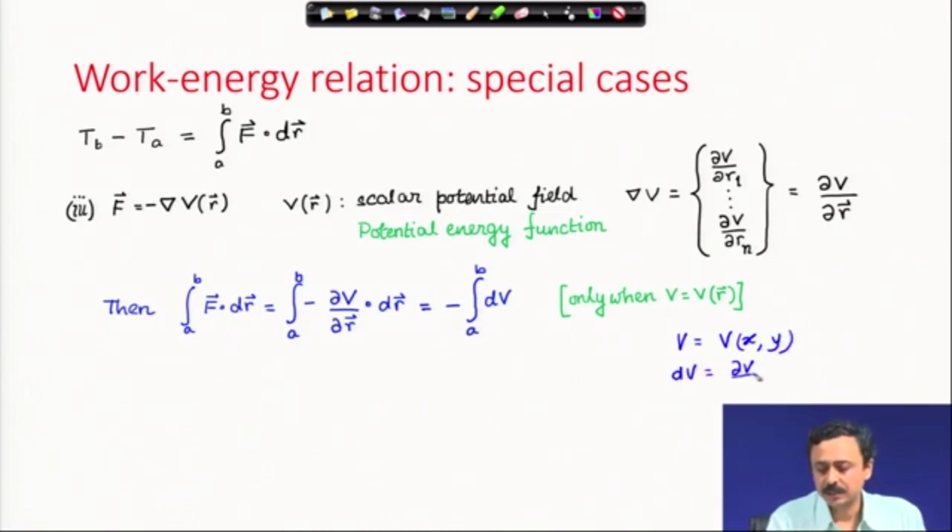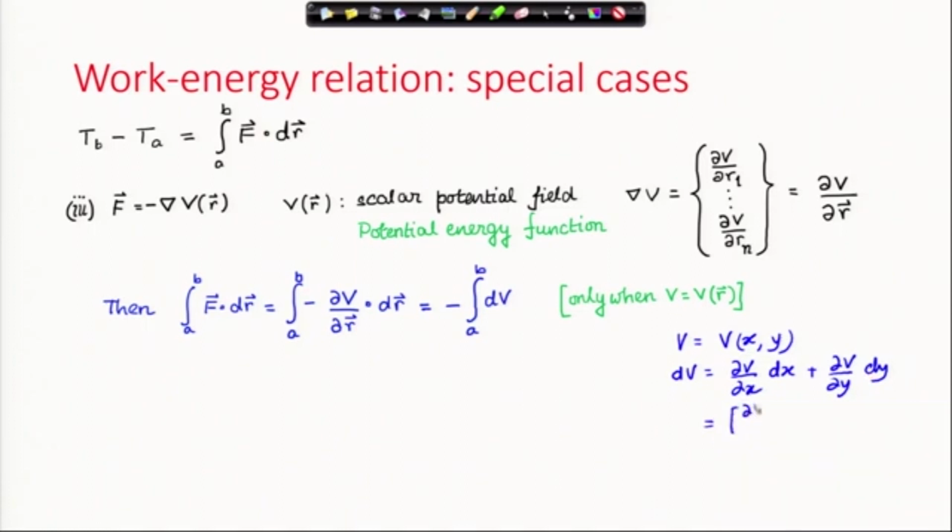It is del V del x dx plus del V del y dy, and this is the form we have, because I can write this as the gradient of V, del V del x and del V del y, dotted with dx dy, and this expression must be dV.